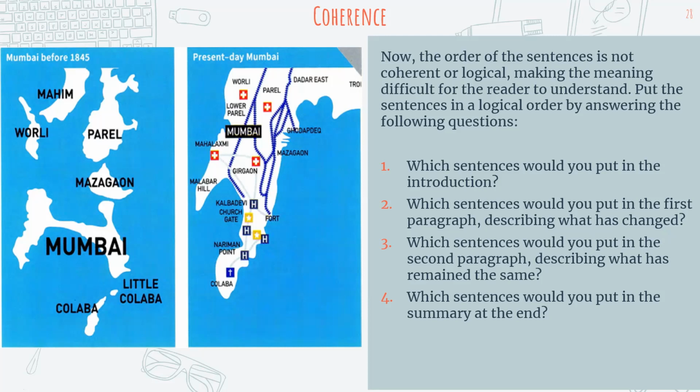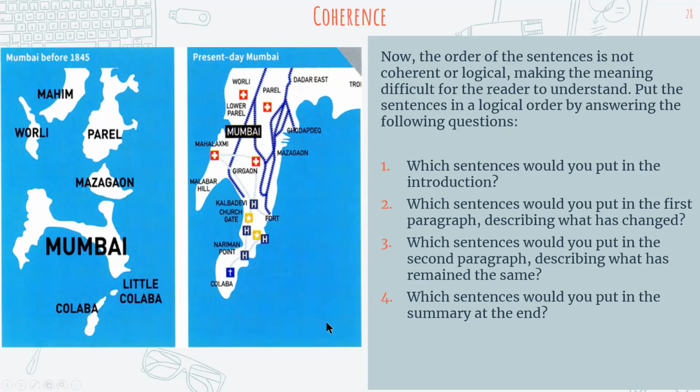So you need to talk about the changes and what did not change, what remained the same. And which sentences would you put in the summary at the end? So these are like 4 categories: the introduction and the overview, then what changed or has changed, and what has remained the same, then the sentences that you would put at the end, the conclusion or the summary.